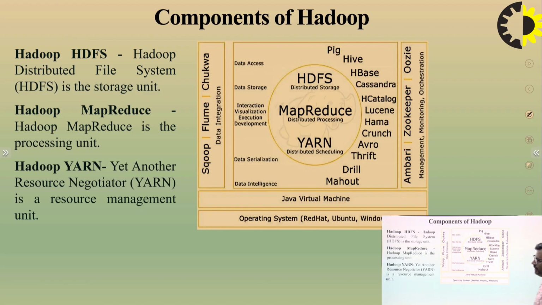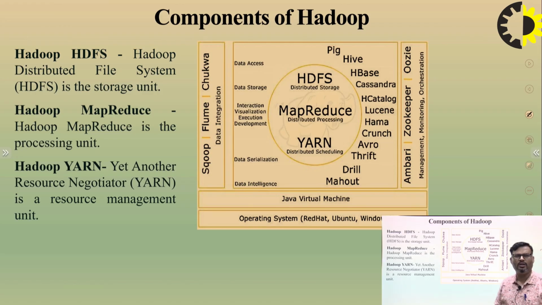Okay. And next, we will consider the components of Hadoop. Hadoop Distributed File System is the storage unit, and Hadoop MapReduce is the distributed processing unit. That means Hadoop also works on a distributed storage system.